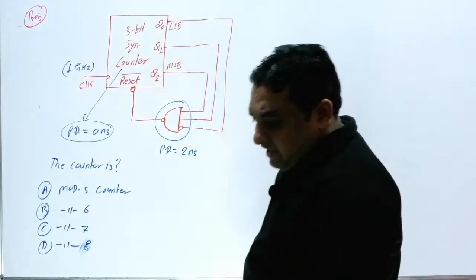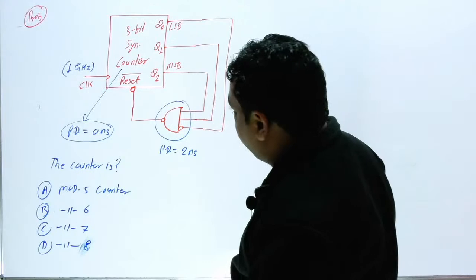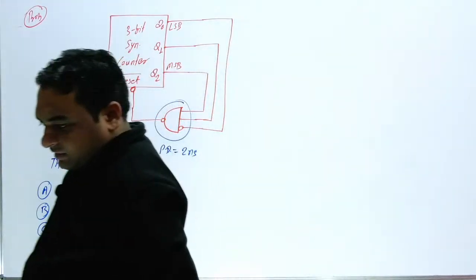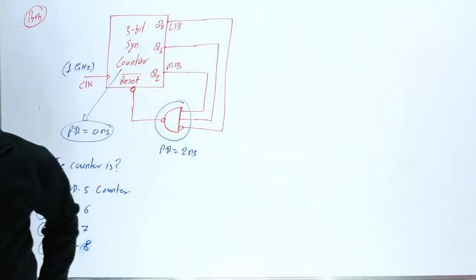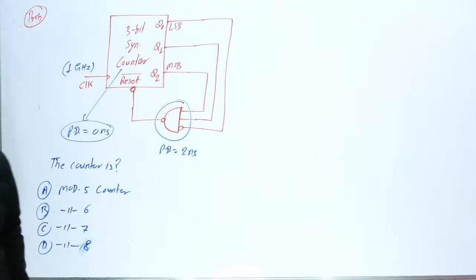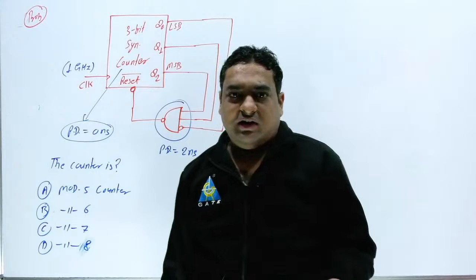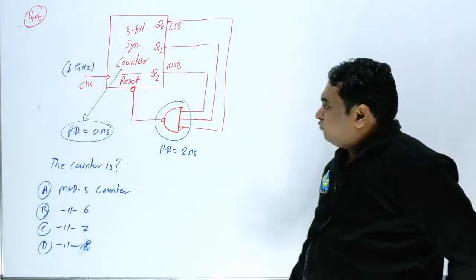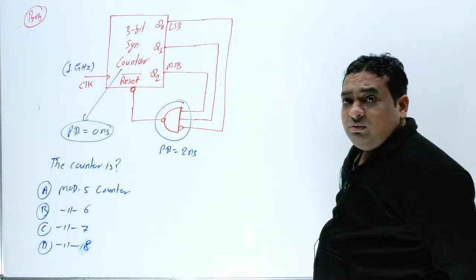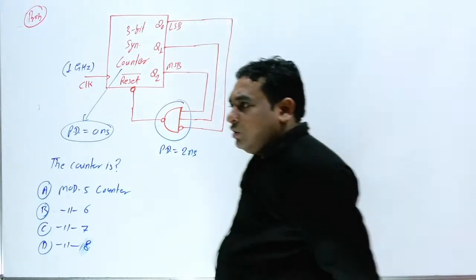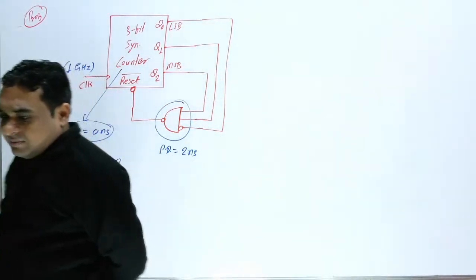Here the delay of this gate is given. Now the important point is, you have to think first, sir, is this an up counter or a down counter? Now the question arises here. In the question they have not mentioned whether it is an up counter or down counter.